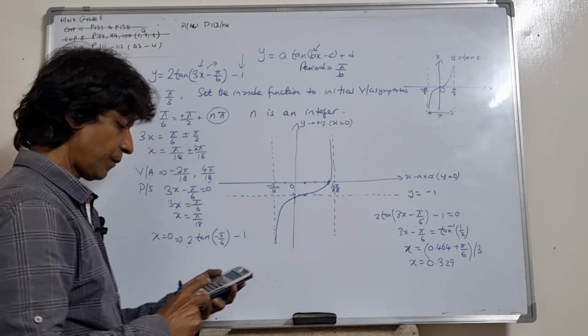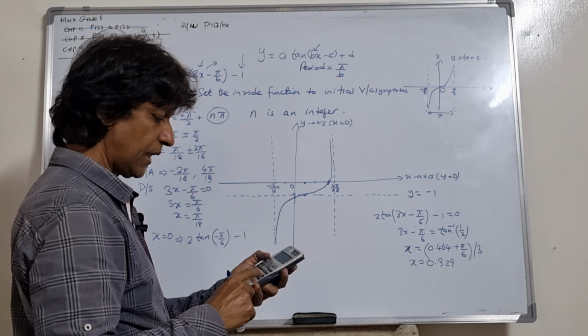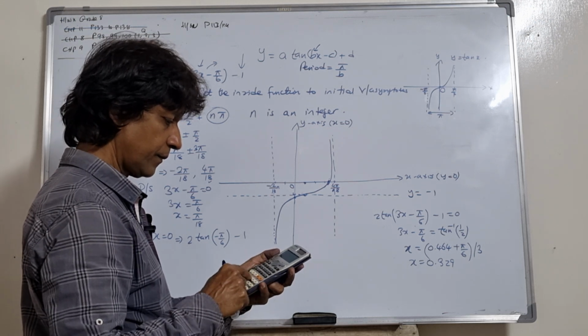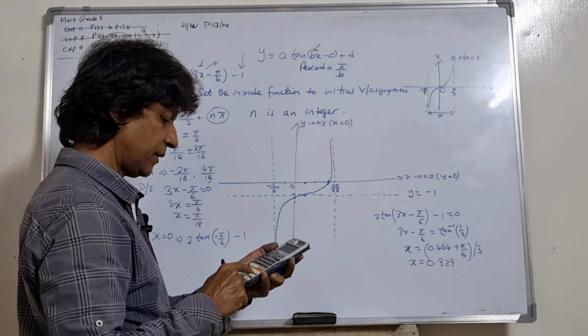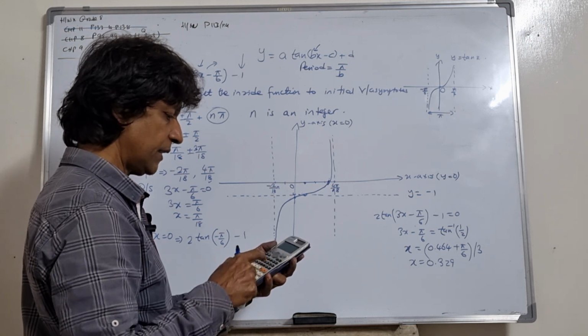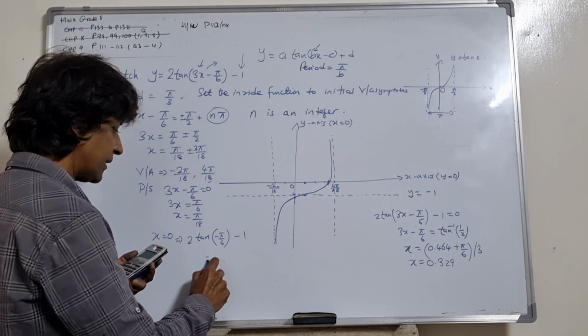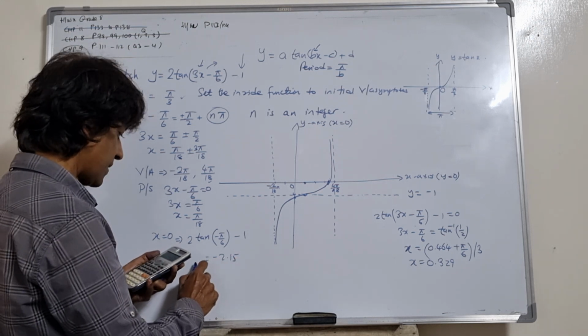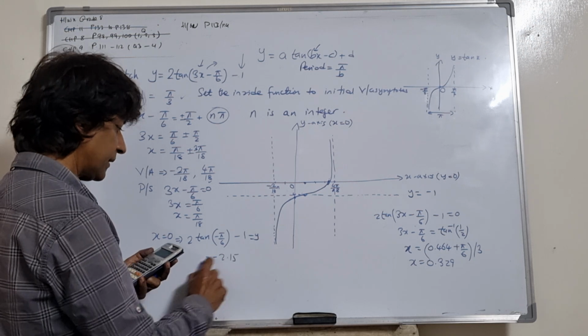Okay, so let's try and do that. The tan of negative pi upon 6, and then all of that multiplied by 2 and take away 1, and I get negative 2.15. So that's negative 2.15. That's where it crosses the y-axis.